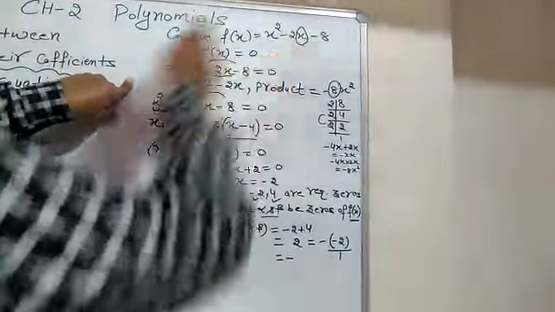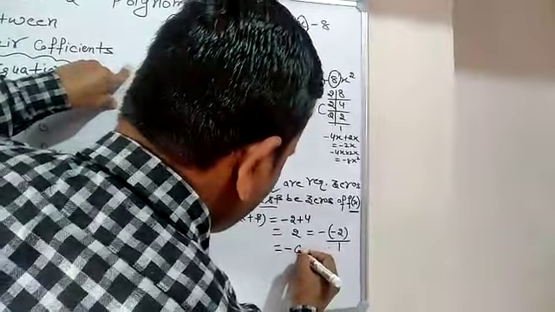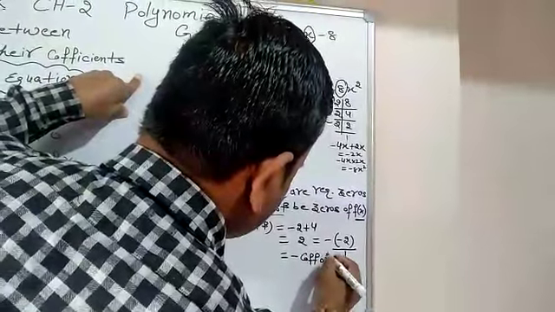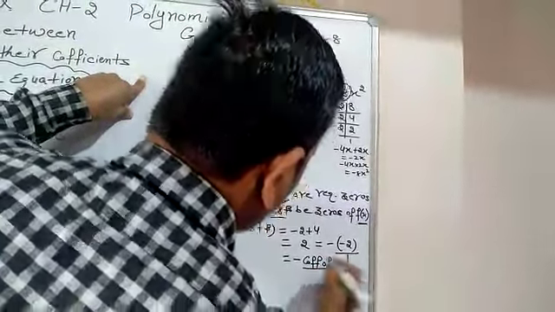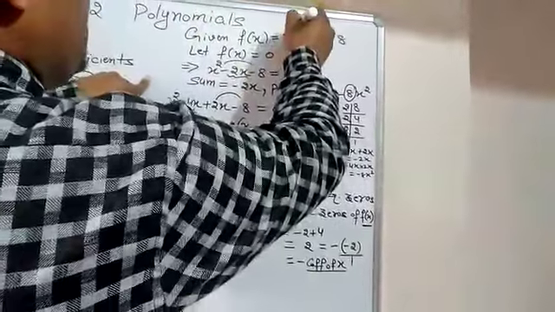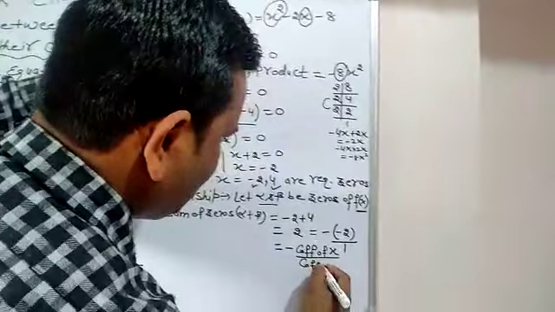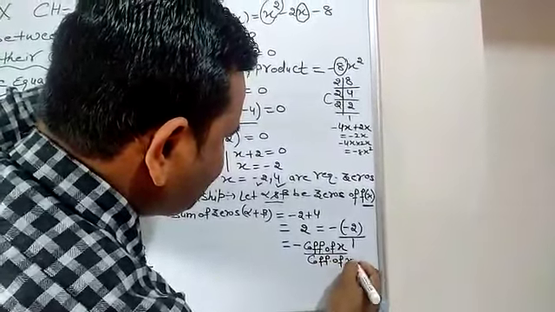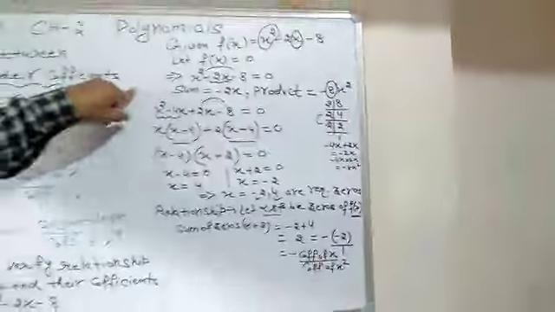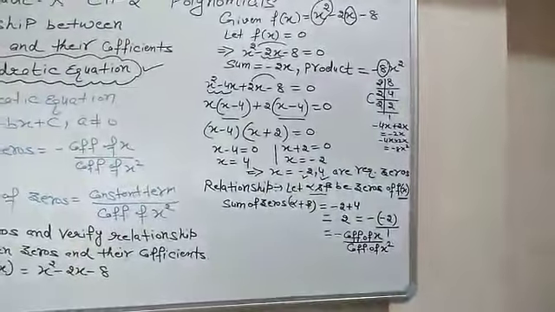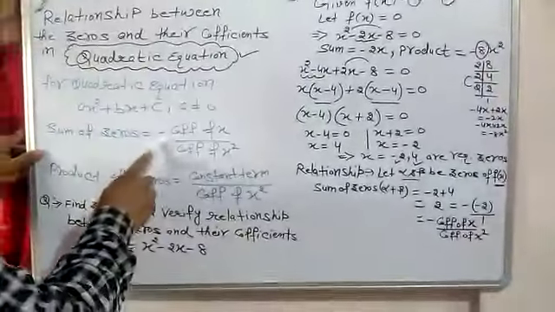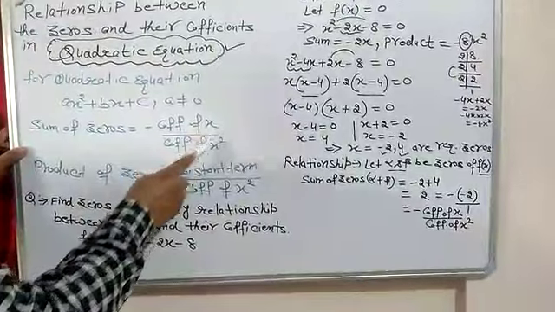Minus 2 is your coefficient of x. So I am writing here coefficient of x upon 1. You can see that 1 is your coefficient of x square. So I am writing here, students, coefficient of x square. So this is the sum of zeros, and you can see that the sum of zeros is equal to minus coefficient of x upon coefficient of x square.